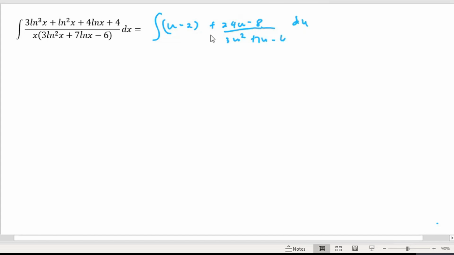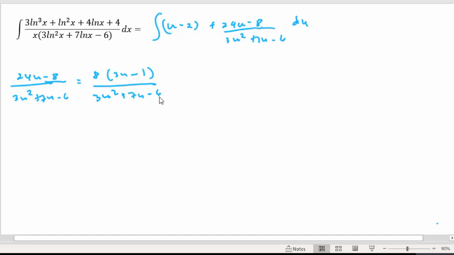So solving now for our second term, we have 24u minus 8 all over 3u squared plus 7u minus 6. I will simplify the numerator first. I have 8 times 3u minus 1 all over 3u squared plus 7u minus 6.